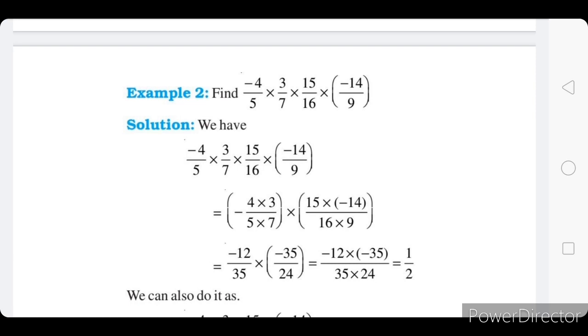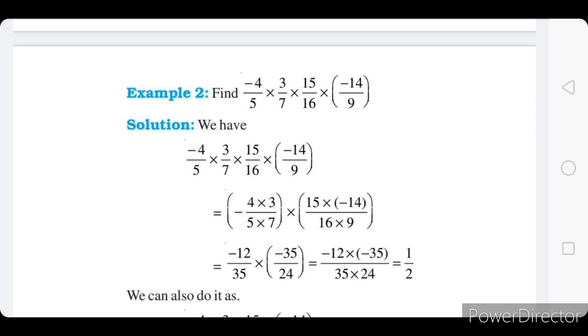Now we have to multiply all the rational numbers. Multiplication is very simple. You can multiply these in parts, or you can multiply all the numerators and all the denominators and then cancel, or third, just simply cancel wherever it is possible, factors and multiples, and find the answer. So let us see how it is done.